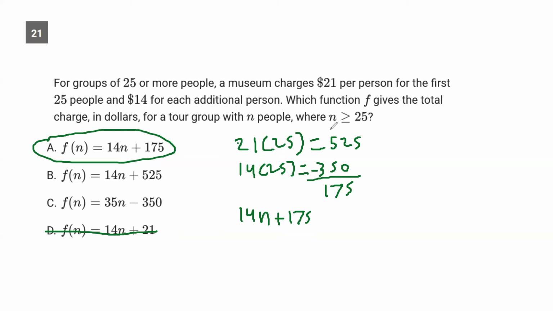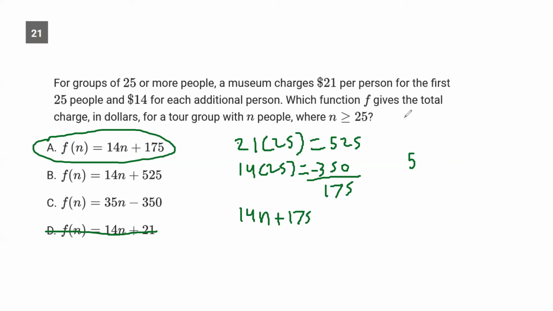25, when we plug that in, we get 525 plus 14. We're looking for 539. And then you do it for each one, right? This one, it would look like it works if you plug in 1, but we're not trying to plug in 1, right? Sorry, 539 is for 26.